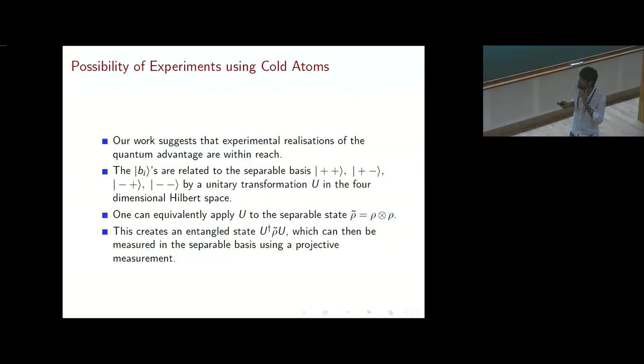It looks like it is possible using cold atoms, but the theory behind it is that these separable states and Bell states are connected through a unitary transformation U. So rather than applying U on the separable states to get a Bell state, I would apply it on this state and make measurements on the separable states, which would give me the same probabilities. This is the way we think we can explore the quantum advantage which we described. So thank you.